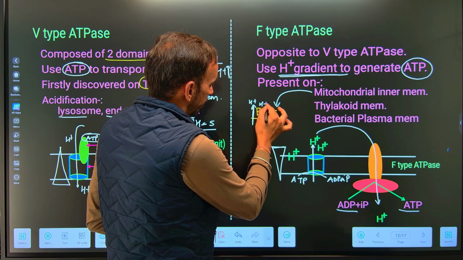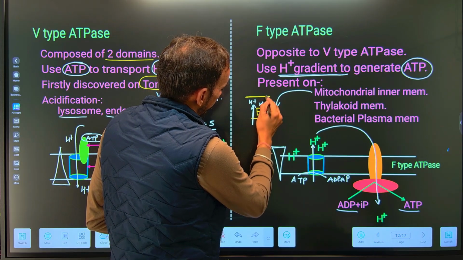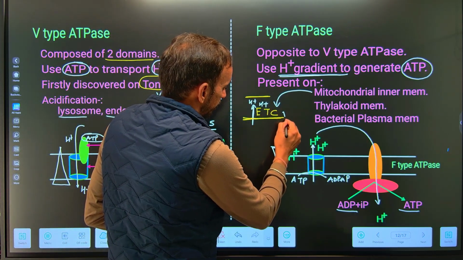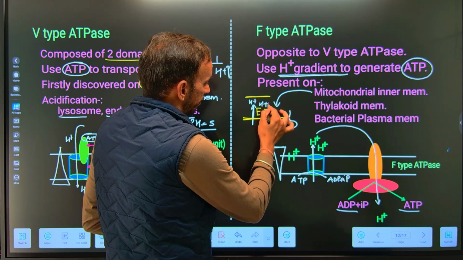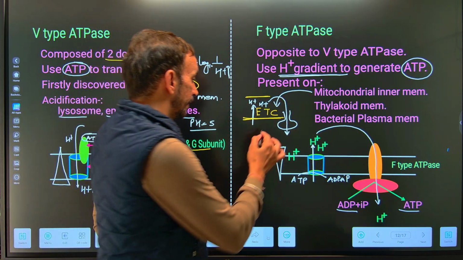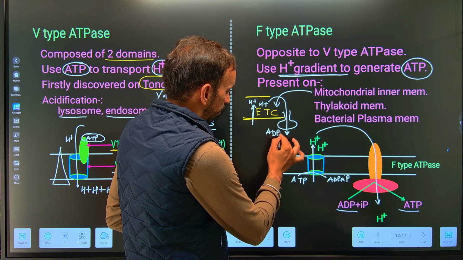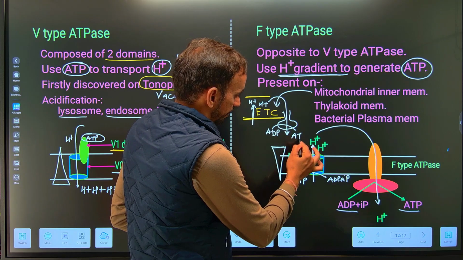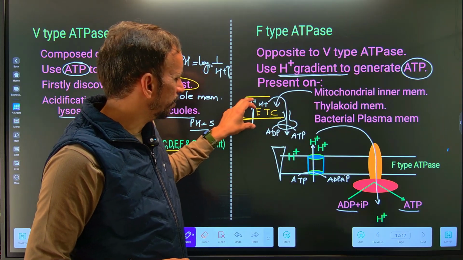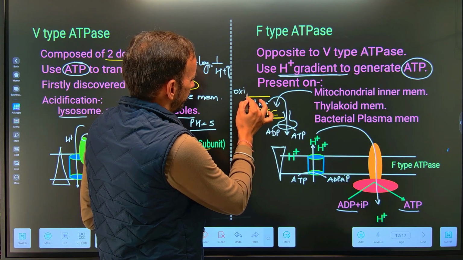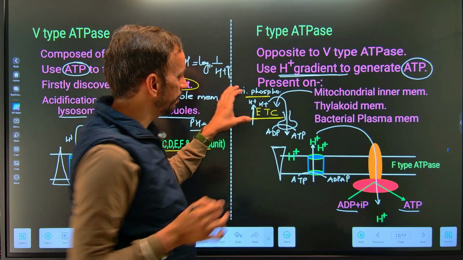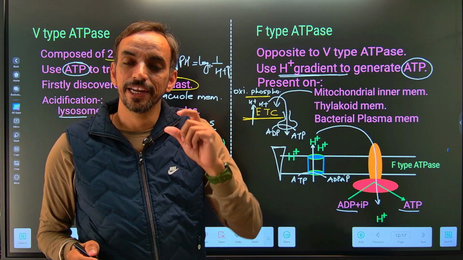It will create a proton gradient between the outer and the inner mitochondrial membrane. और जब these H plus ion they come back into the mitochondrial matrix through the pumps which are known as F-type ATPases, there is a generation of energy in the form of ATP. Similar type of process is also observed here. It is known as the oxidative phosphorylation. A similar type of process is also observed on the thylakoid membrane.